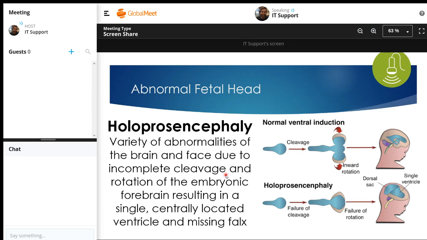This will result in a single centrally located ventricle, and the falx will be missing. So this is a pretty severe abnormality. There are multiple causes of this, one of them being poorly controlled diabetes. We know how bad diabetes is in pregnancy, and also teratogens. So just like anything else, exposure to abnormal substances can cause bad things to happen.